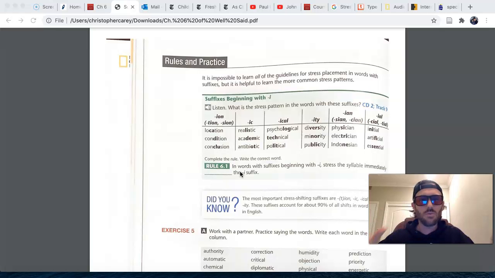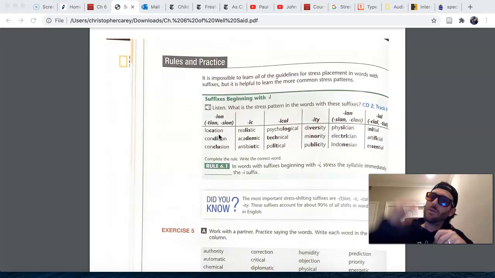These multi-syllable words can seem daunting, right? So many syllables. Where's the word stress go? Let that rule guide you. More often than not, you're going to make the vowel sound in the syllable right before the suffix sound longer, sound louder, sound higher in intonation, and concurrently the vowels in the other syllables, you're going to reduce them to the schwa.